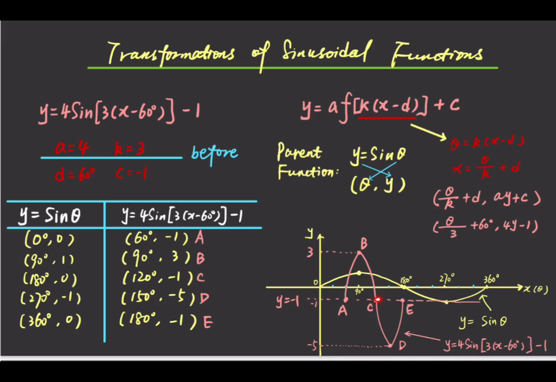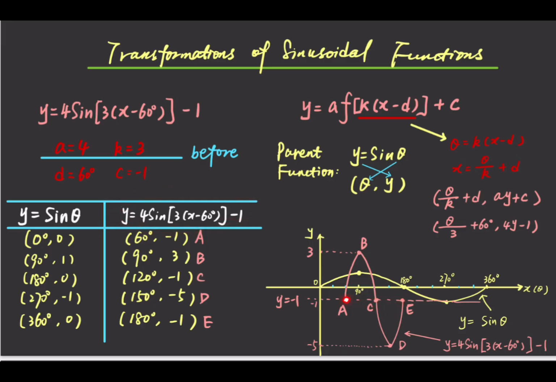It will be this point C. Similarly, we can figure out point D, it is here. We can figure out point E, it is here. Then you can connect the 5 critical points one by one. Then you will get the graph over one period for the transformed function.